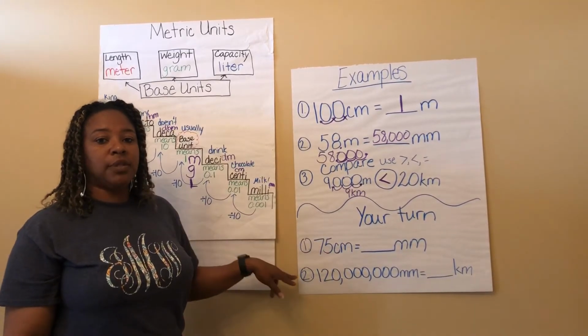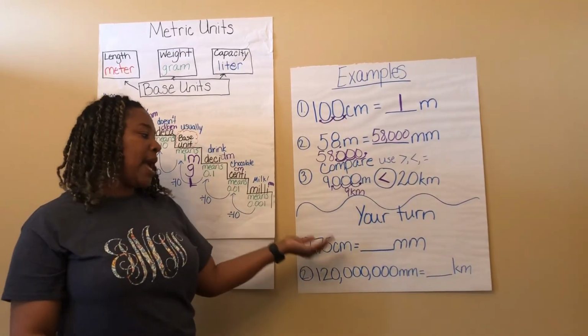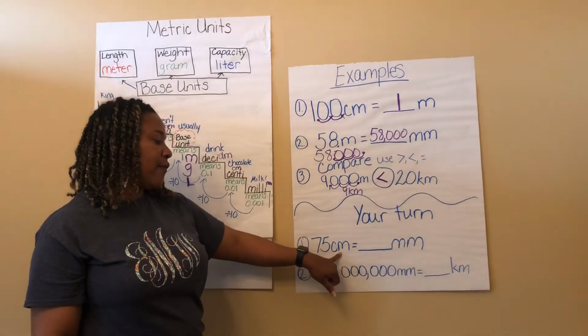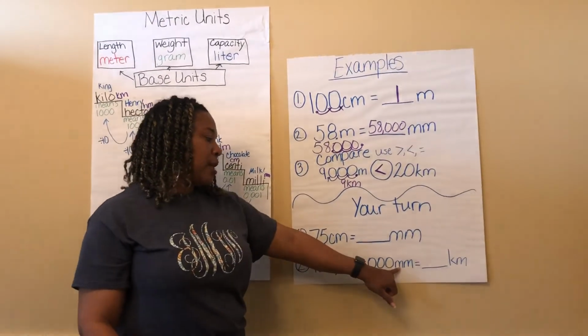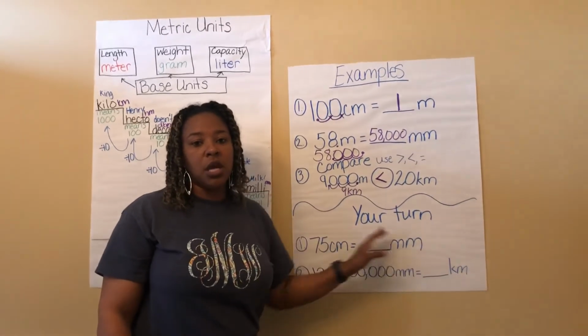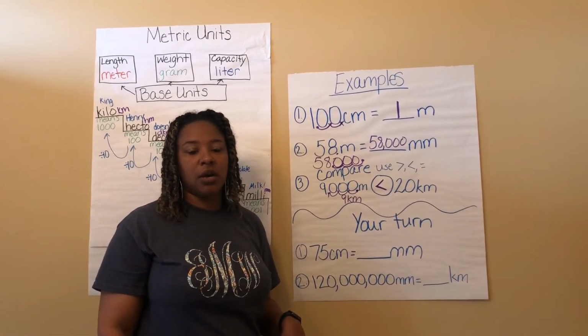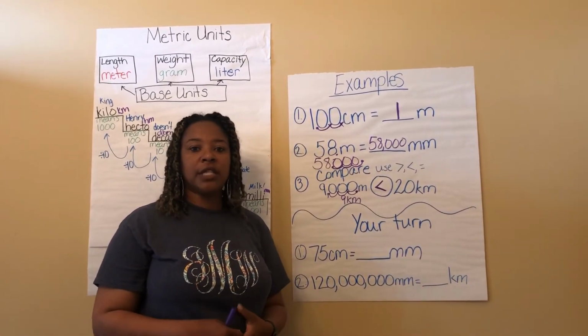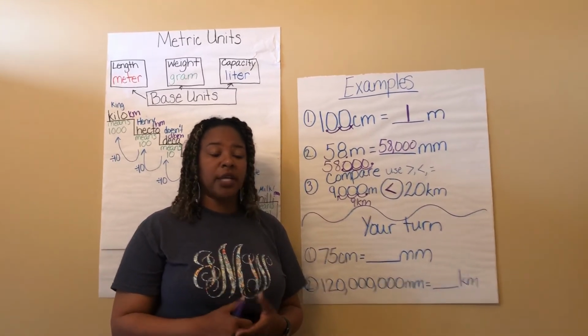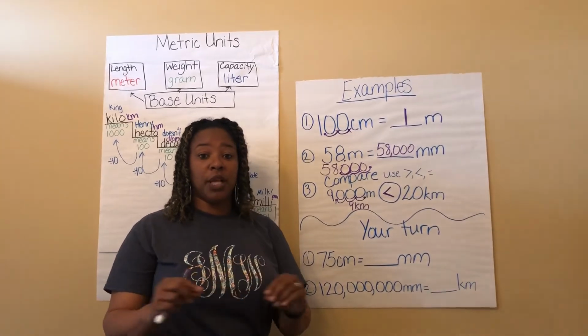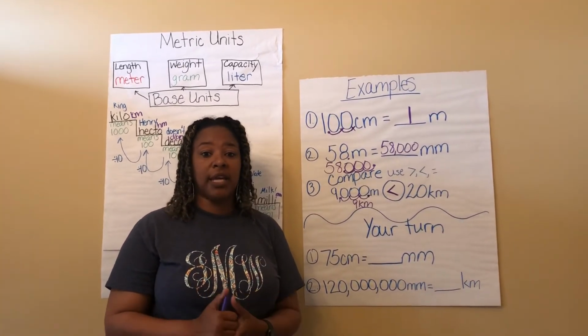I'm going to give you time to practice them. I'm going to come back and give you the answer. For here, you're going from centimeters to millimeters. And from here, you're going from millimeters to kilometers. I'm going to give you time to practice those. And then I'll come back and give you the answer. And then I'm going to let you practice on a Canvas page. If you have any questions, you can put it in the comments. I will come back and answer, I promise.